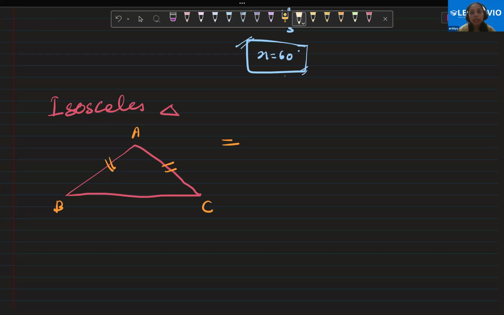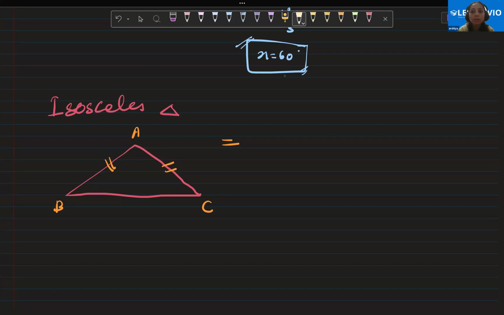No, that's just the angle sum property in general. Whether it's an isosceles triangle, scalene or equilateral triangle, the angle sum property is there: you add all three angles and you will get the sum as 180. But in the case of the equilateral triangle, when all the sides are equal, that made all the angles equal. Now relate that to the isosceles triangle. If two sides are equal, that means two angles will also be equal.